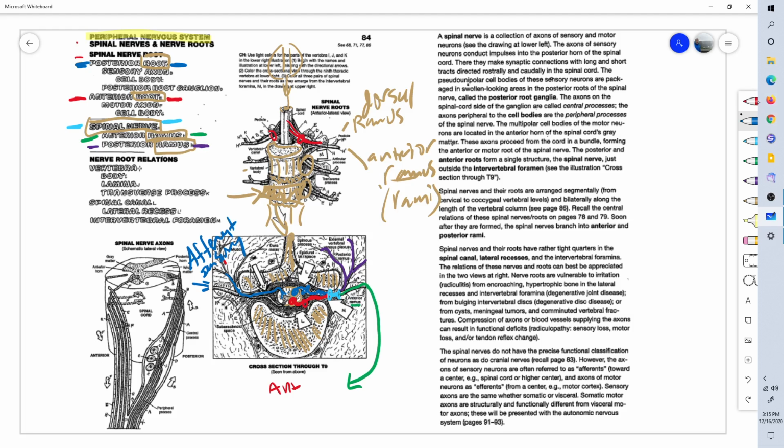Motor information, efferent signal going out to the muscle, would start at the anterior horn of the spinal cord.